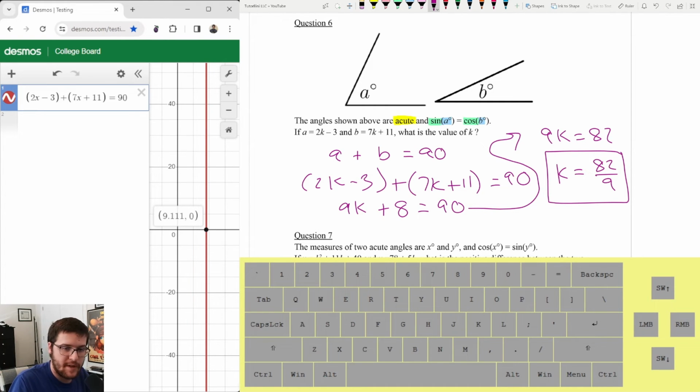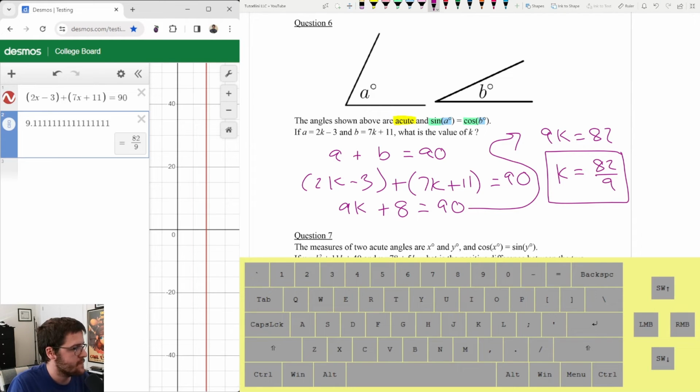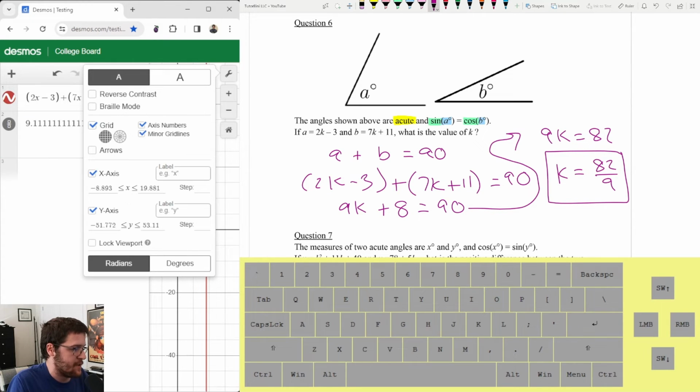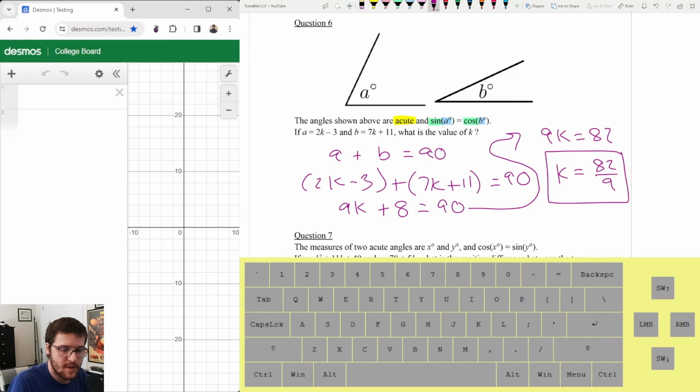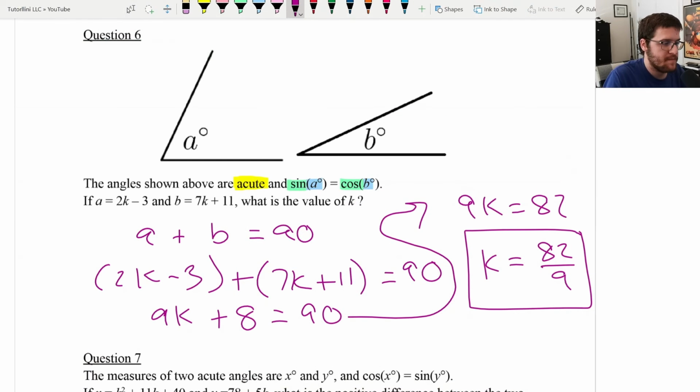You could just put that in as an answer because that's 5 characters, which is good. But I'll just come over here and do 9.1111, and then I'll hit the fraction button. And you see we also get 82 over 9. Remember, guys, if you do decide to type in the original equation with the sine and the cosine, you do have to click degrees before you do that. Great, let's move on to the next one.